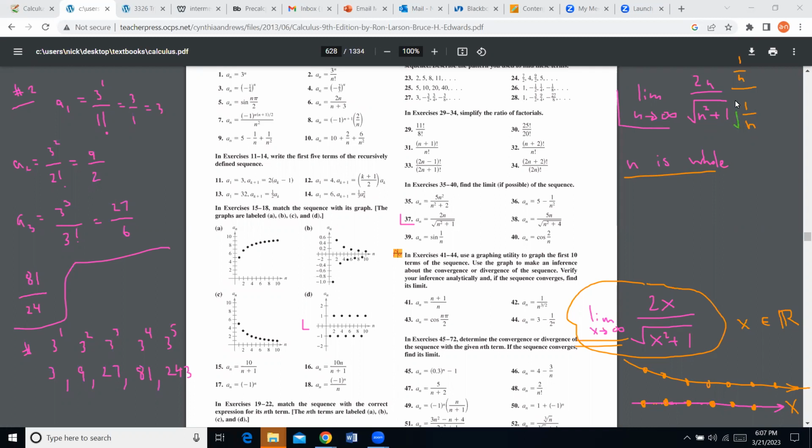You can cancel it, but then you bring this 1 over n inside the square root so you can nicely distribute it, right? And that's how you find what the limit is. So it looks like 2 will be on the top because the n and n will cancel. And on the bottom, when you bring inside your square root that 1 over n squared, you end up with n squared divided by that n squared that we brought inside, plus 1 divided by n squared.